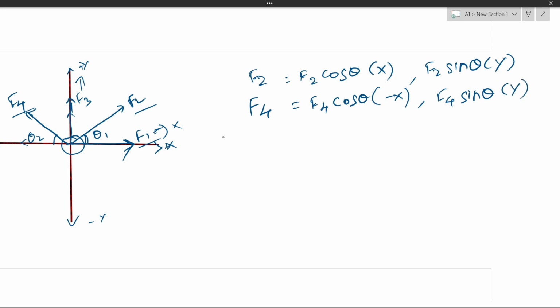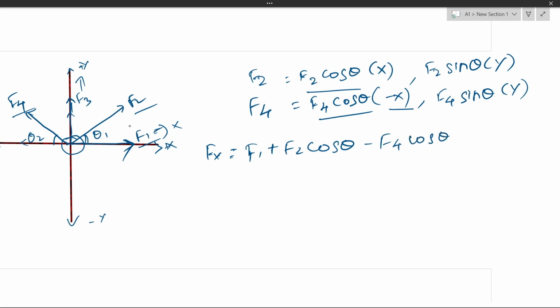So if you want to find the resultant, first, the summation of Fx: we have three forces contributing. This is F1, which acts only in the x direction, and F2 has F2 cos theta. F4 is in the minus x direction, so minus F4 cos theta.